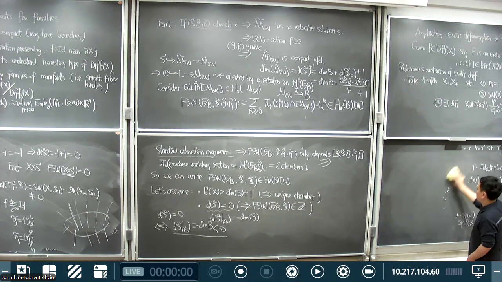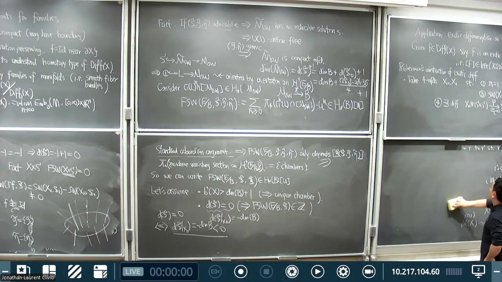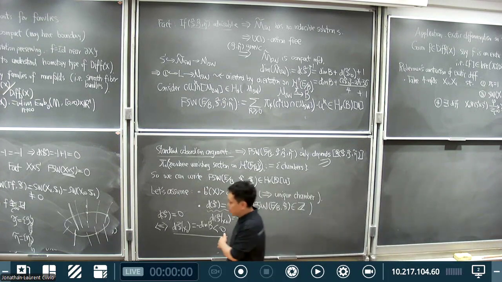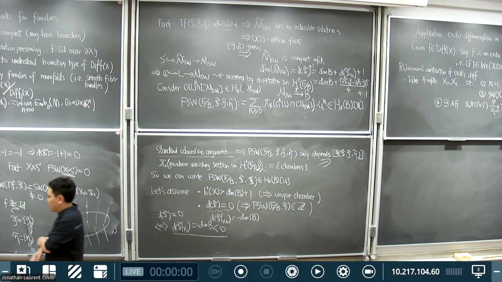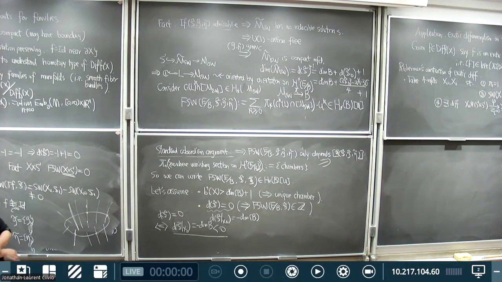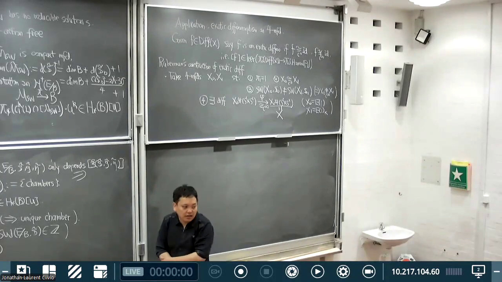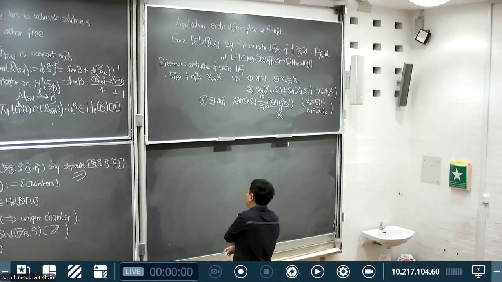Turns out that one can also package this family Seiberg-Witten invariant into this map, SW. It's a proper Fredholm map.